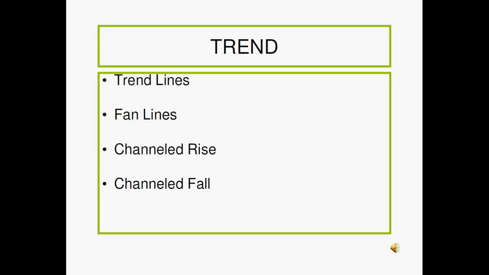So we create a channel where the prices will fluctuate between the lines, and the direction of the channel is down. Then we expect prices to remain down with volatility within that channel. It is a channel rise or channel fall.